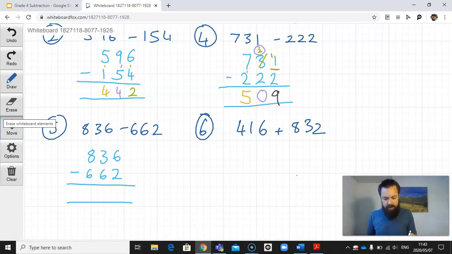Okay, let's go through number 5 quickly. We look at our units first. 6 minus 2 is 4. Now we look at our tens. 3 minus 6. I've only got 3, but I need 6. So I'm going to have to go to my neighbor and borrow. That becomes, it looks like a 7, and we treat it as a 7, but it actually is 700, which means we're carrying 1 across here, and we treat this as a 13, when in actual fact it means 130.